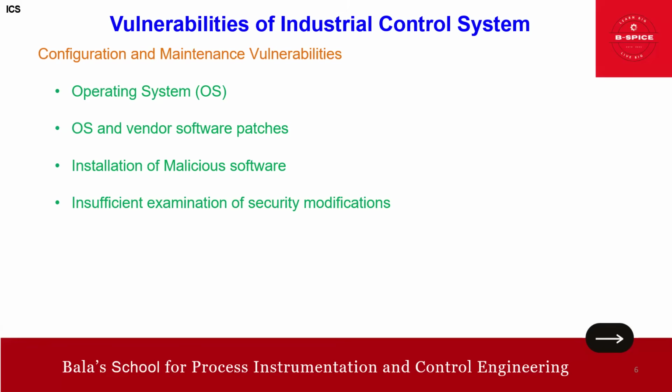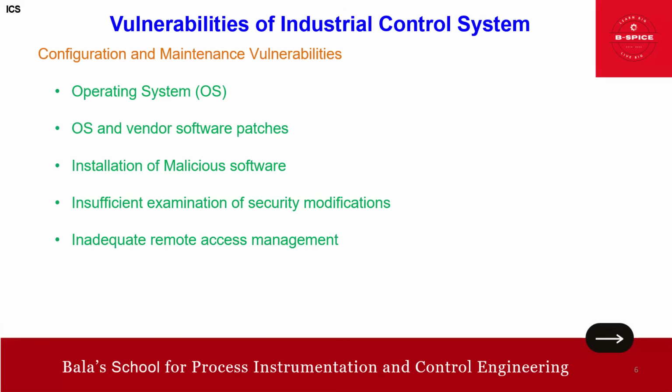It is very vital to refrain from using the operational system in a live environment for testing. Additionally, the testing of system modifications may necessitate collaboration and coordination with system vendors and integrators. So these are the aspects we should focus on with respect to the examination of security modifications.